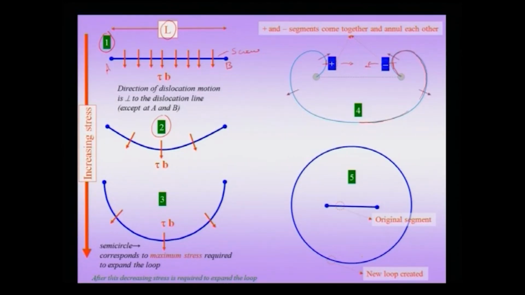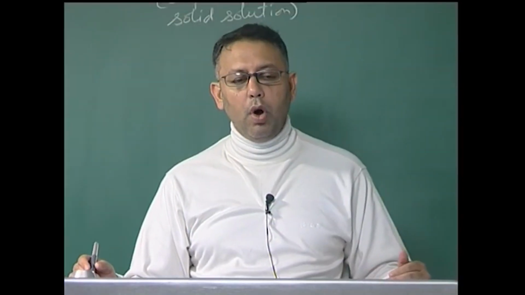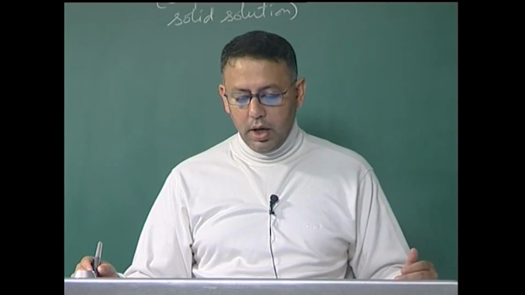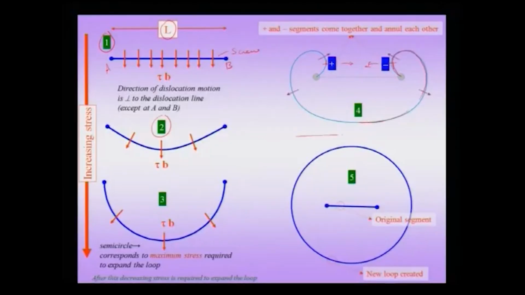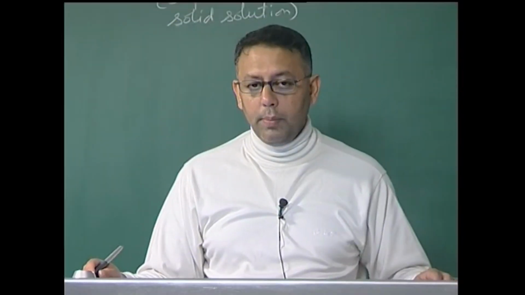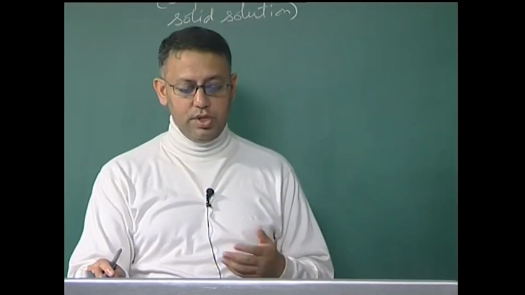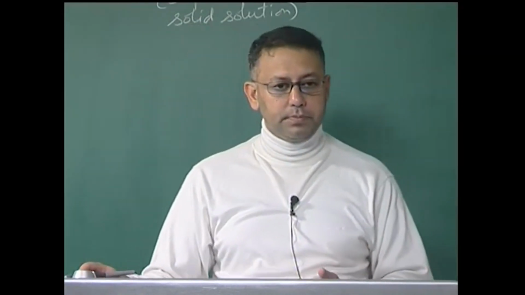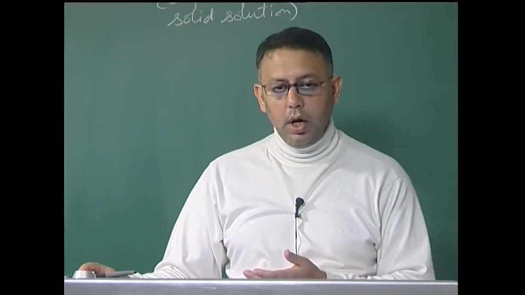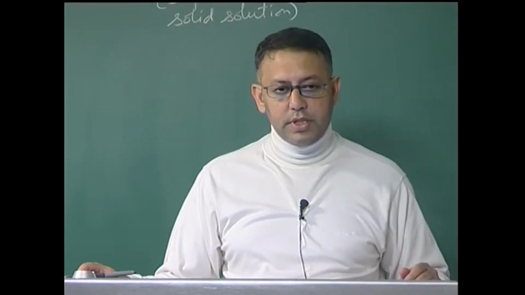The second implication is that suppose I want to operate the same source again. In other words, suppose I start with a new dislocation line approaching my loop. Now this dislocation loop is going to repel my oncoming dislocation line, and therefore I need to apply additional stress to move the dislocation which is coming in.